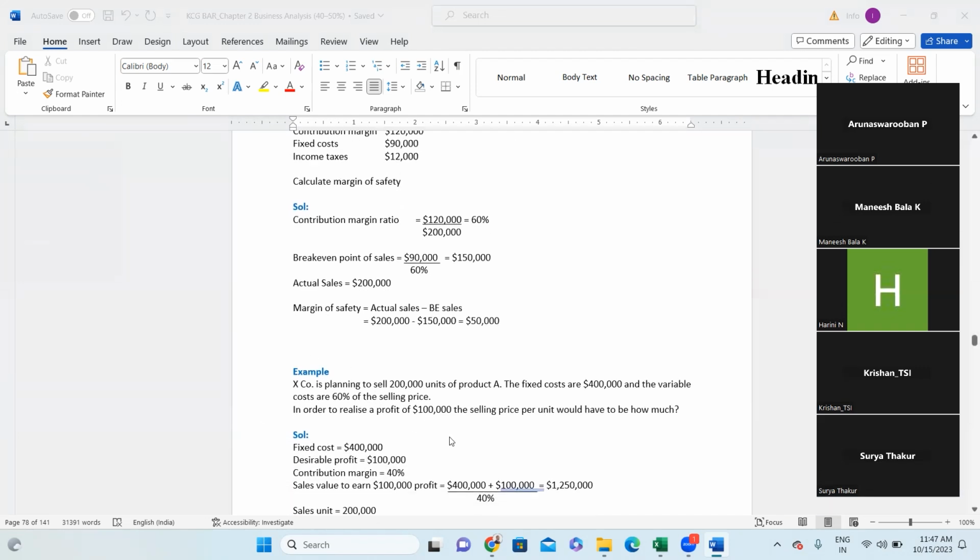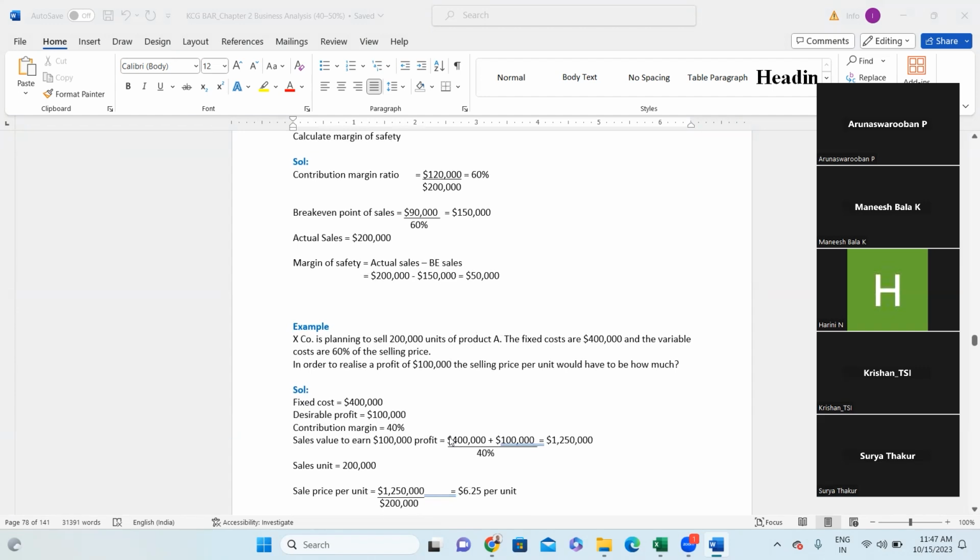So fixed cost is $400,000. Desired profit is $100,000. Contribution margin ratio is 40%. So the sales value to earn 100,000 profit will be fixed cost plus desired profit divided by 40%. That is $1.25 million. Right? So what will be the sales unit?